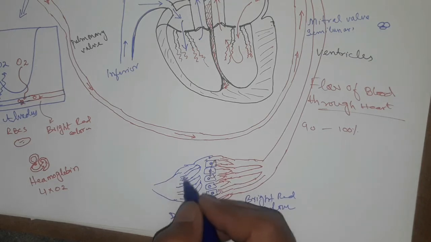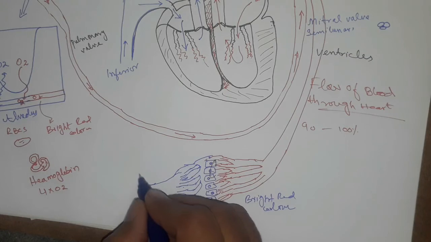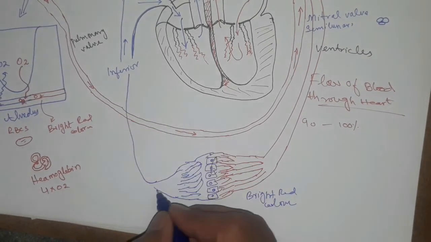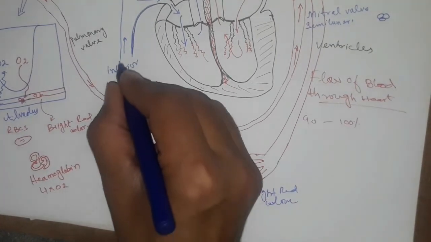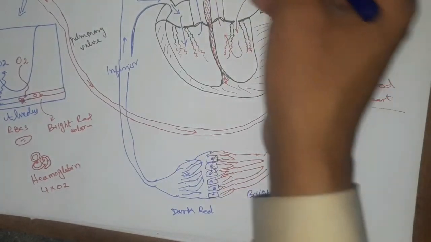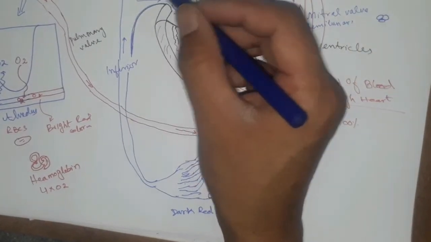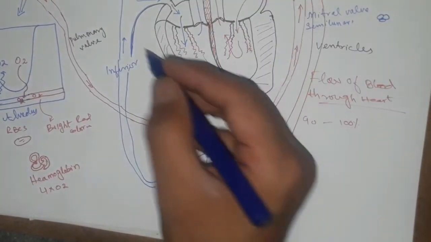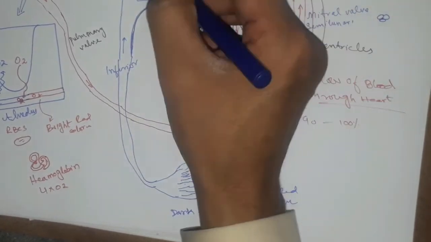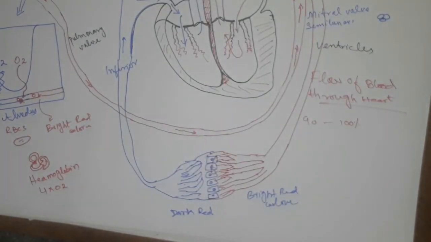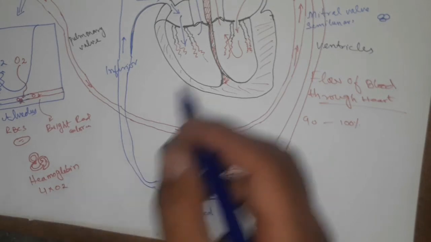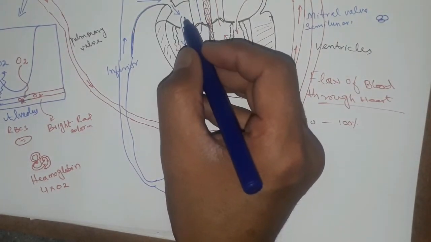Now the lower half of the body is drained by the inferior vena cava, while in the same fashion, the same process occurs in the upper part of the body, and the upper part of the body is drained by the superior vena cava, and both these venae cavae drain into the right atrium of the heart.